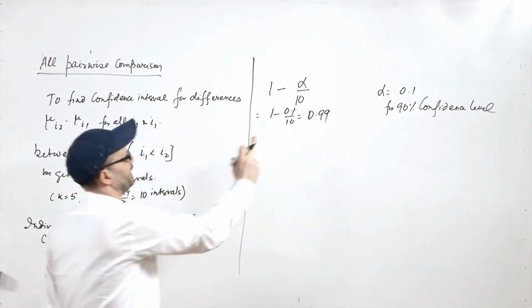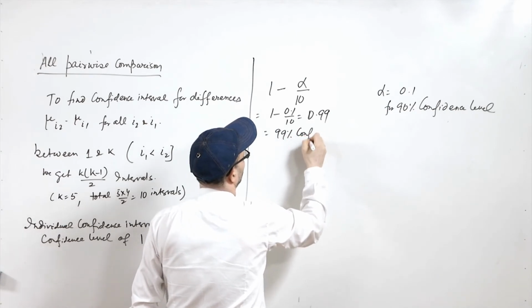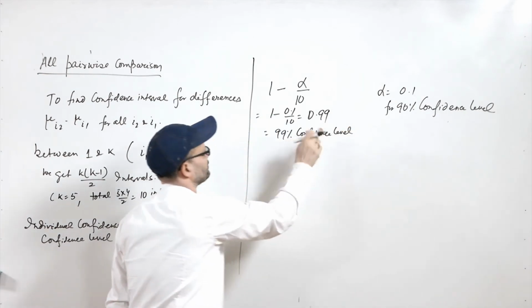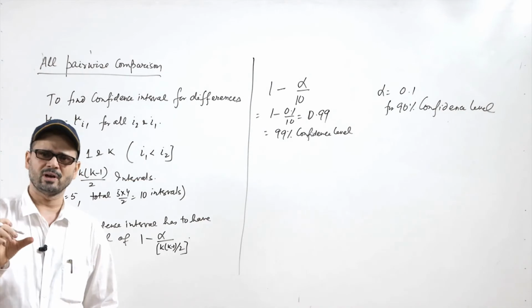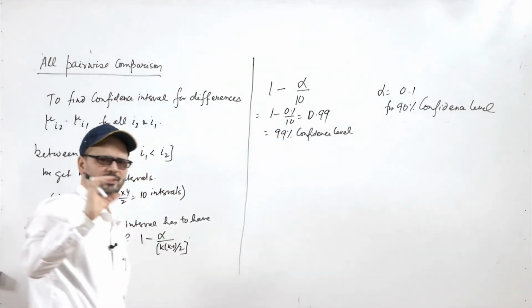So, you have to make the confidence interval at 99% confidence level for each individual class.